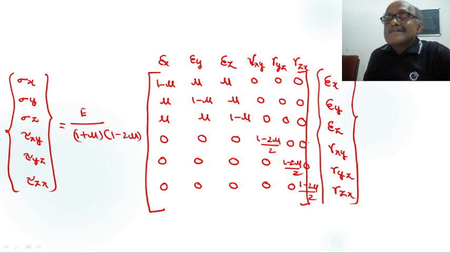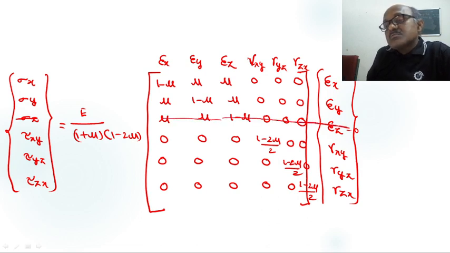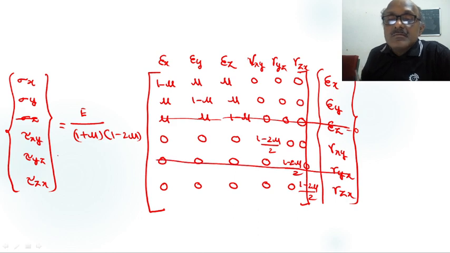Now here in plane strain condition epsilon z is equal to 0, so we are eliminating this row. Again, whatever the terms associated with z, we are eliminating like this.